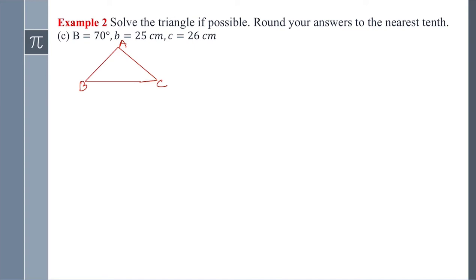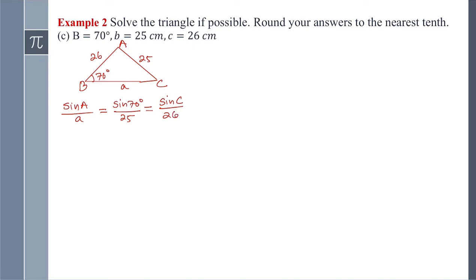We are given that angle B is 70 degrees, side B is 25, side C is 26, and we don't know angle A and C. So let's write the equation. Sine A over side A, which is unknown, equals sine B, so sine 70 degrees over side B, which is 25, equals sine C, unknown, over 26.